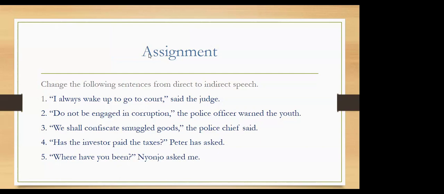Come again. Peter has asked whether the investor had paid the taxes. Yes, whether the investor has, because this is not in the past tense, Peter has just asked if the investor has paid the taxes. Yes, thank you. That's correct.